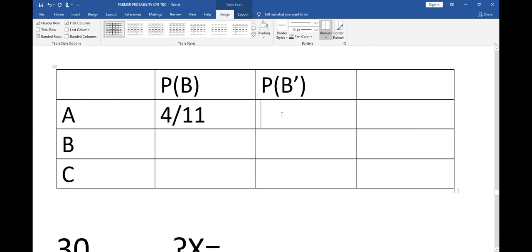The probability of machine A not breaking is 1 minus the probability of machine A breaking. That's the probability of machine A not breaking.